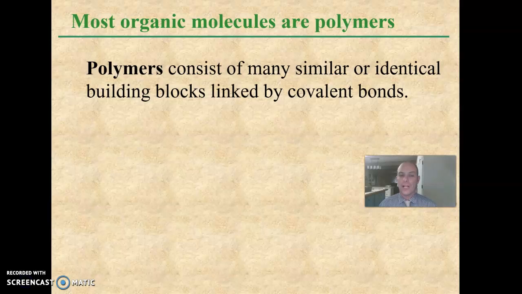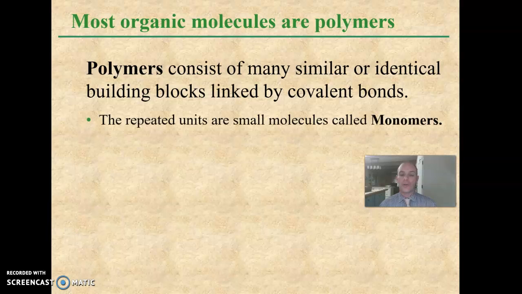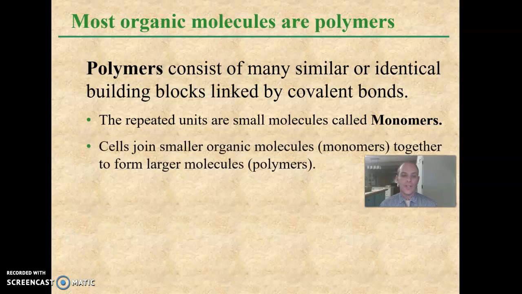Okay, now there's something called a polymer. A polymer consists of many similar or identical building blocks linked by covalent bonds. All right, so poly means many, so many bonds. The repeated units are small molecules called monomers. Mono is singular, mono meaning one. Cells join small organic molecules, small meaning the monomers, together to form molecules of polymers.